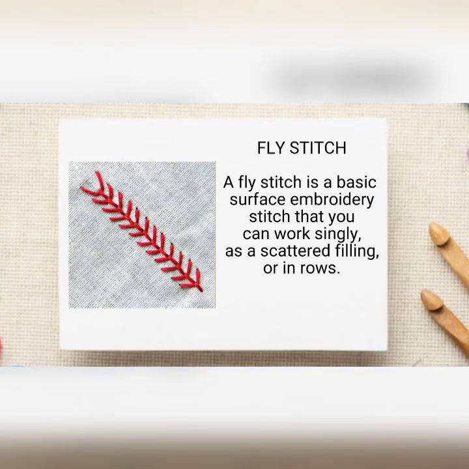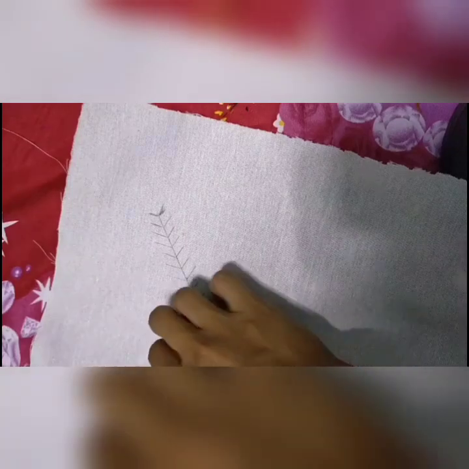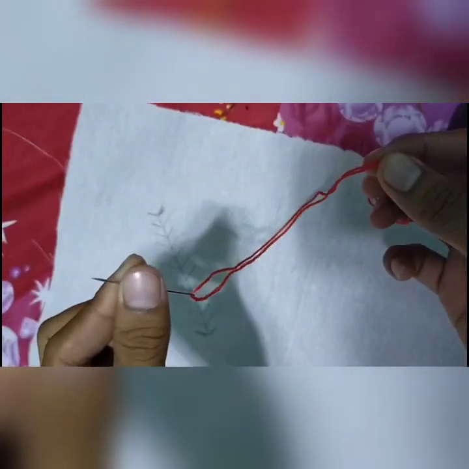Fly stitch. A fly stitch is a basic surface embroidery stitch that you can work singly as a scatter filling or in rows. First step, we need a needle and yarn.